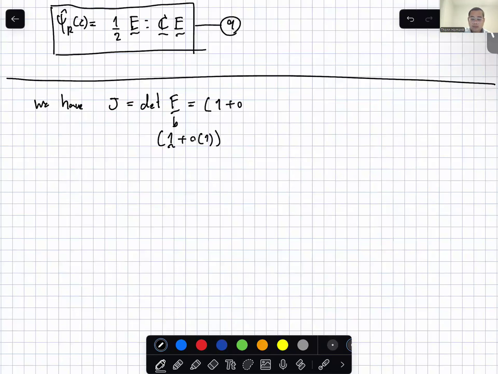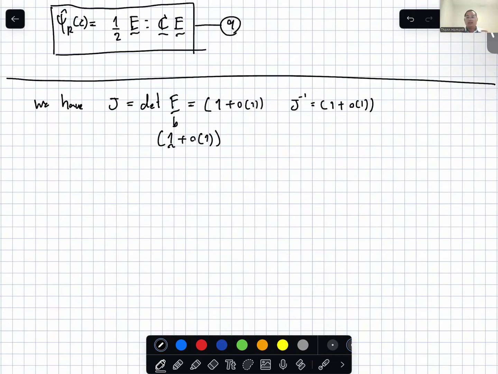But we can include that we have some small terms in each component of F. So the inverse of J can also be one plus little o of 1, because it is basically close to the identity matrix.